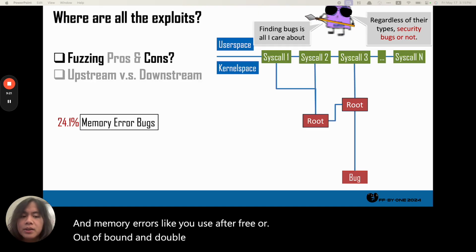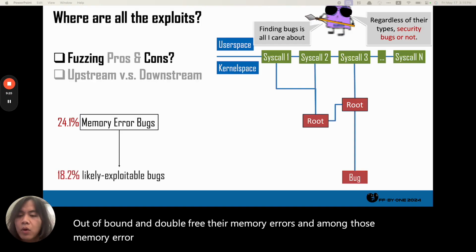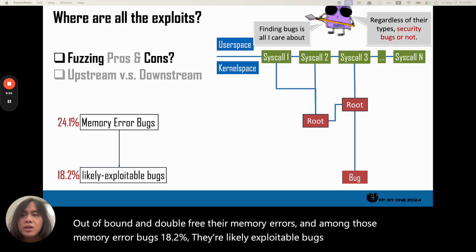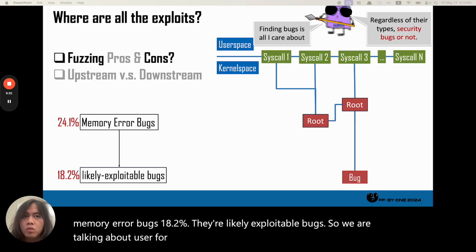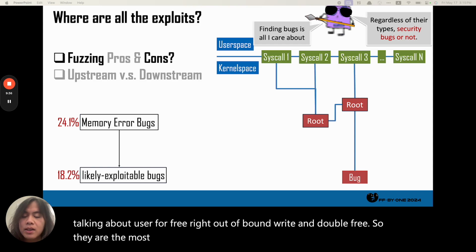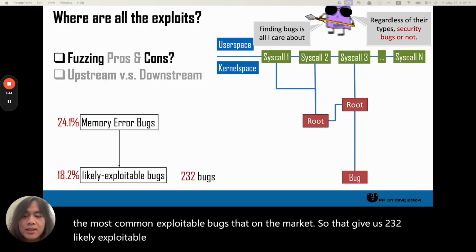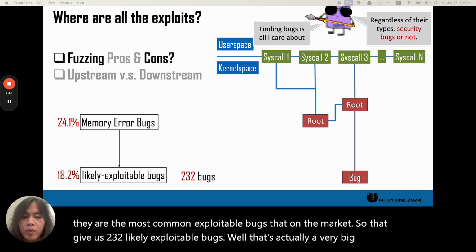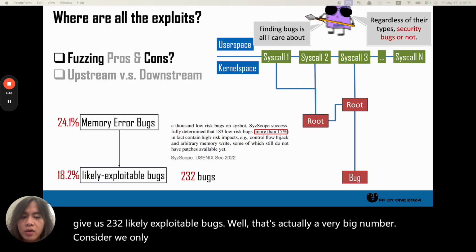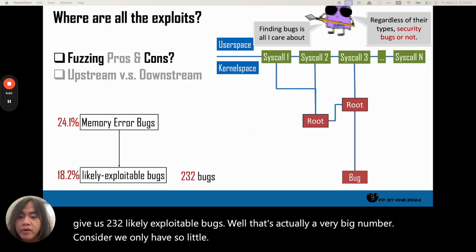And among these memory error bugs, 18.2% are likely exploitable bugs. So we are talking about use-after-free write, out-of-bound write, and double free. They are the most common exploitable bugs on the market. That gives us 232 likely exploitable bugs. Well, that's actually a very big number, considering we only have so few exploits every year.